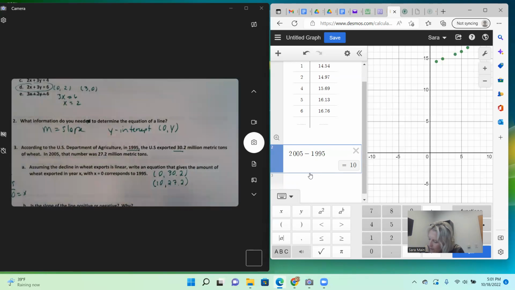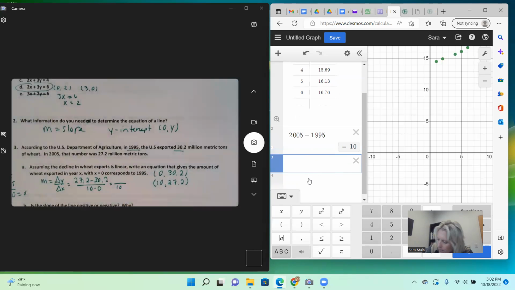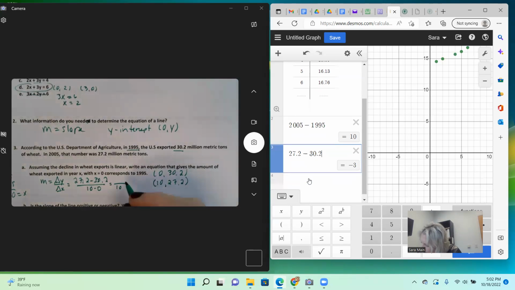Okay, so my slope is going to be my change in y over my change in x. And so I'm going to have 27.2 minus 30.2 divided by 10 minus 0. So 27.2 minus 30.2 is a negative 3 over 10.